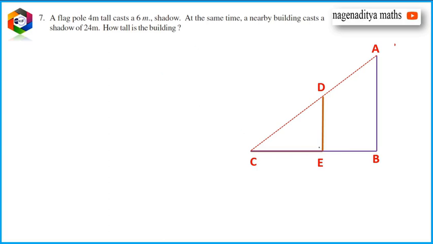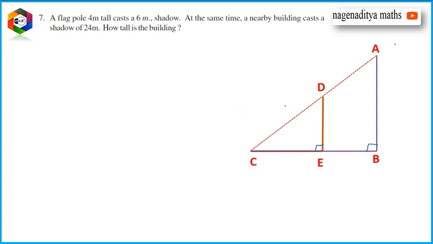So here triangle ABC is a right angle triangle because the building is vertical to the earth surface. So this is 90 degrees, and the flagpole is also vertical to earth surface.